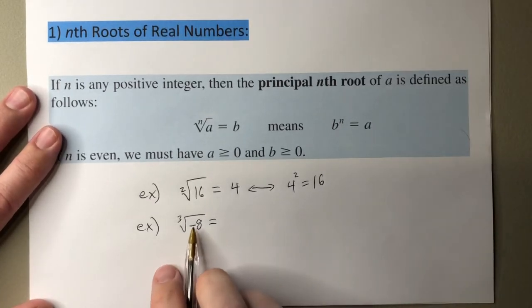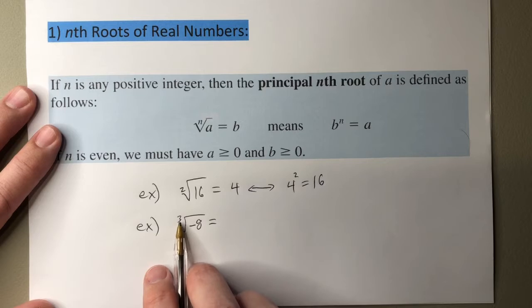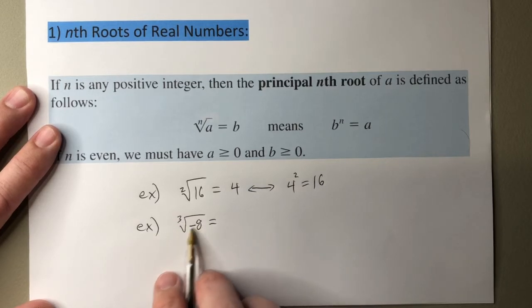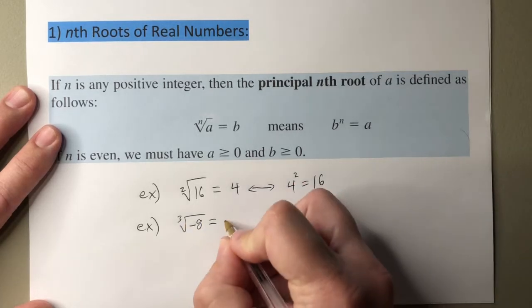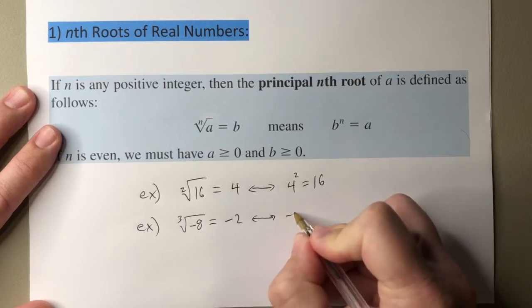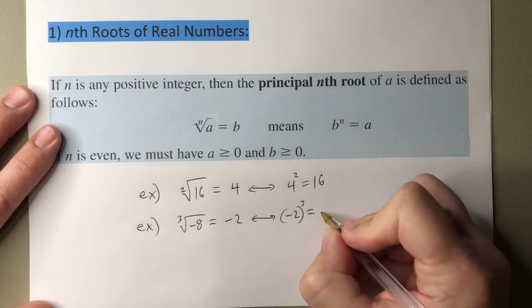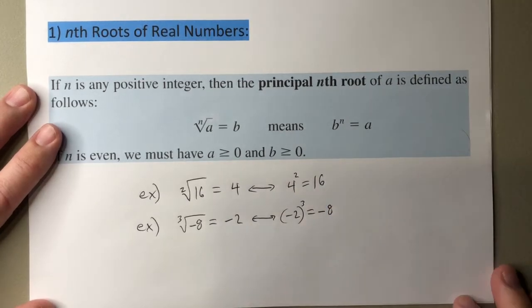You're allowed to have a negative under the radical if it's an odd index. If it is of odd index, like 3, 5, 7, whatever, the value under the radical can be positive or negative. So in this case, the answer is -2, and that makes sense because -2 quantity cubed is equal to -8.